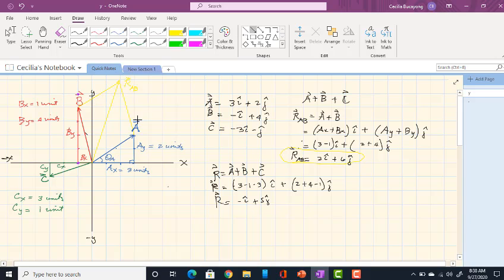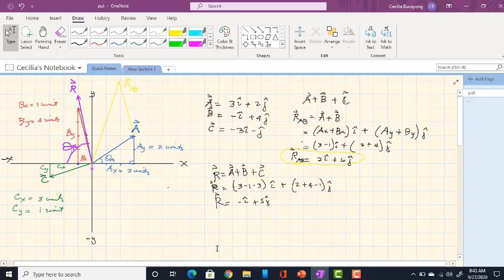So the resultant vector, the A plus B plus C, is this. So the resultant vector is now r. This is equal to A plus B plus C. And their angle is theta r. So we have the magnitude. What's the magnitude of our r? So again, we can apply the Pythagorean theorem, rx squared plus ry squared.